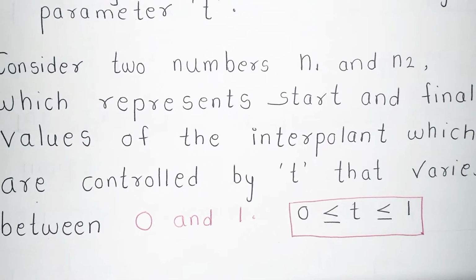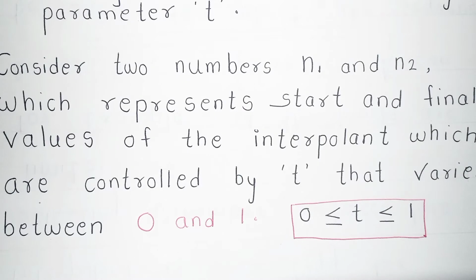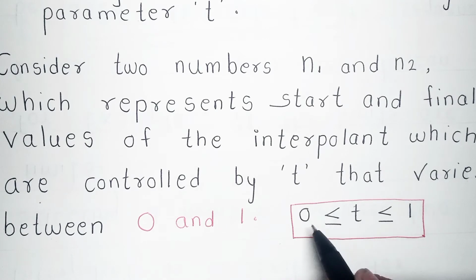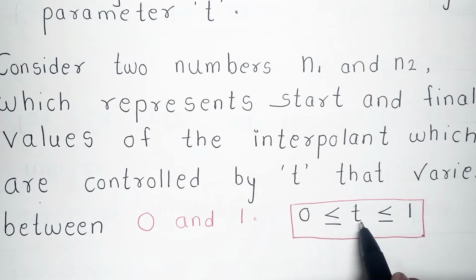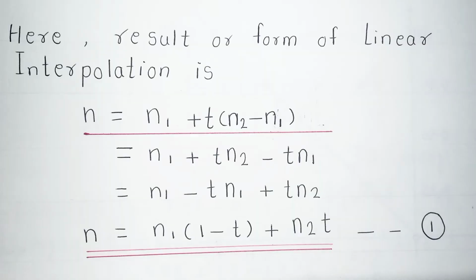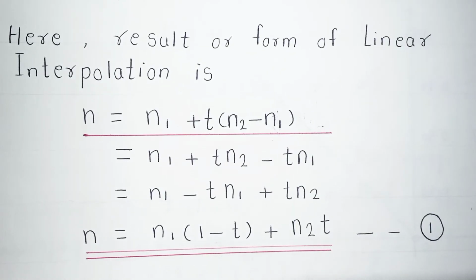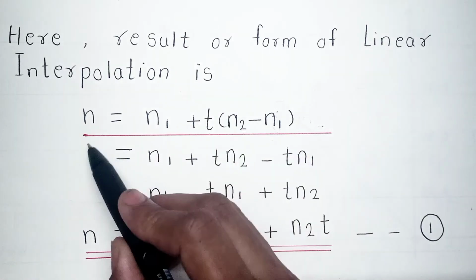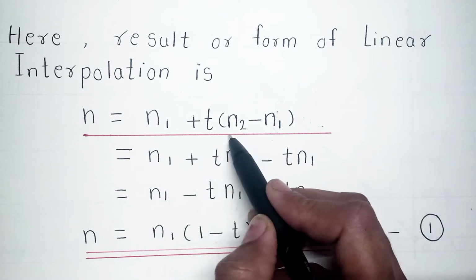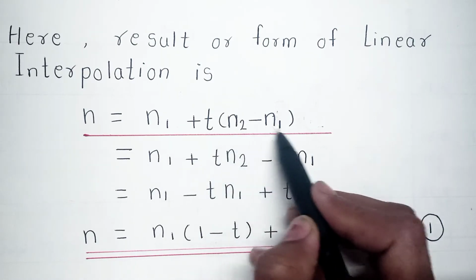So the value of the t parameter varies between 0 and 1. Always remember that we assume the value for the t parameter from 0 to 1. So this is the important point: 0 ≤ t ≤ 1. Here we find the form of the linear interpolation, which is n = n1 + t(n2 - n1).